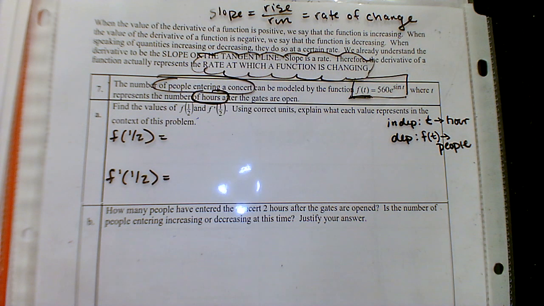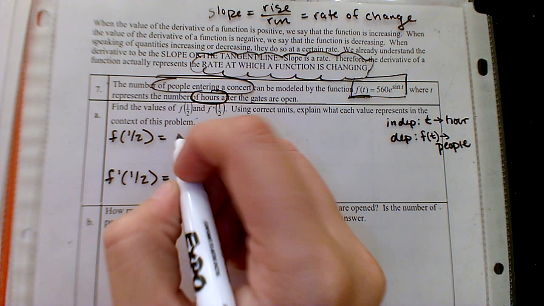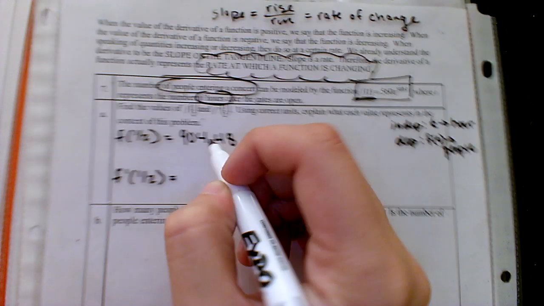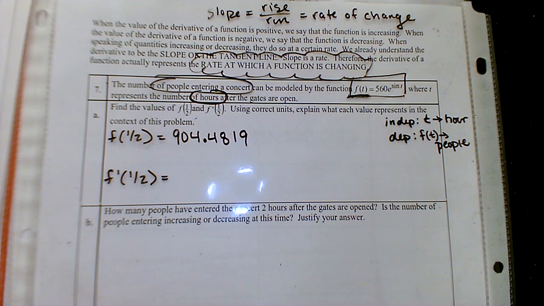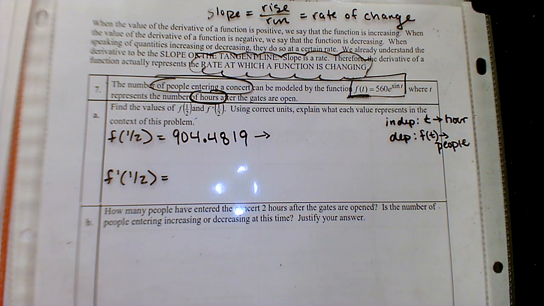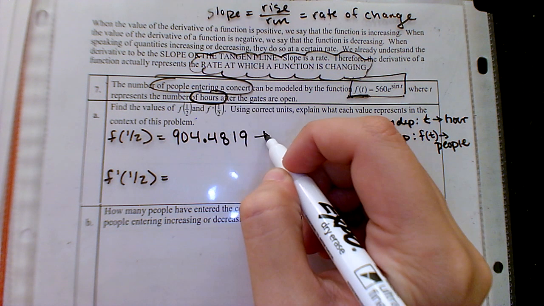And let's round it to 4 decimal places. 904-ish if you type it in. Okay, we want to interpret what this value means in terms of this function, in terms of this scenario.